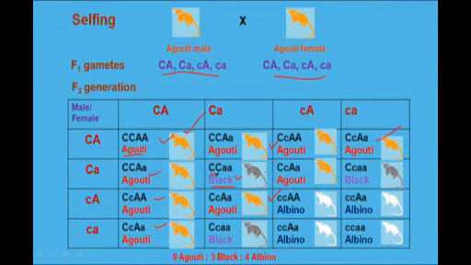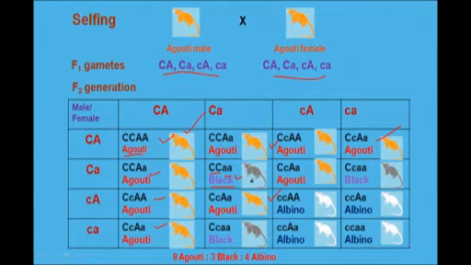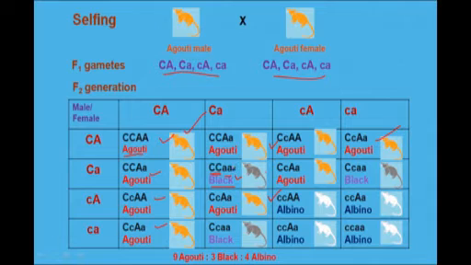Here the first gene, capital C, is dominant and the other gene is recessive, so the offspring resulted will be black in color. So in each case where capital C is present along with small a, the offspring will definitely be black in color.